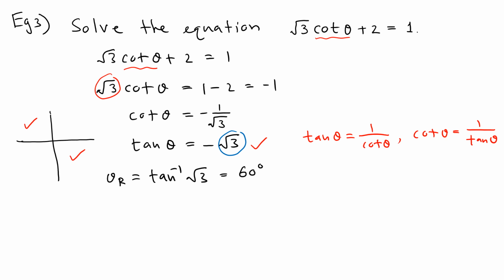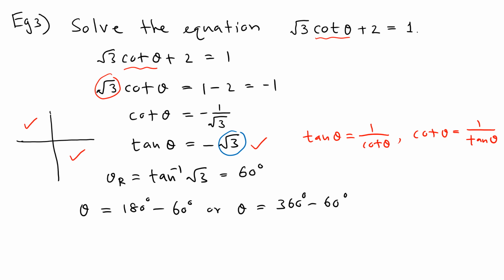Now, since you know the reference angle and the two quadrants, we can write the solution. Theta has to be, since it is the second quadrant, 180 minus 60. That's one in the second quadrant. Or theta has to be, since it is the fourth quadrant, 360 minus 60.